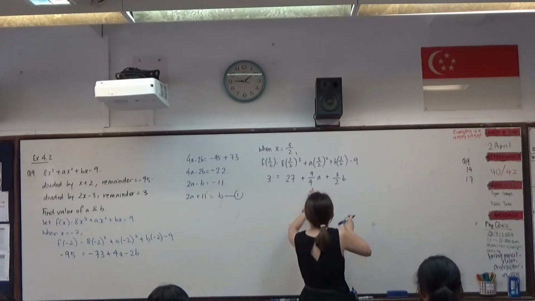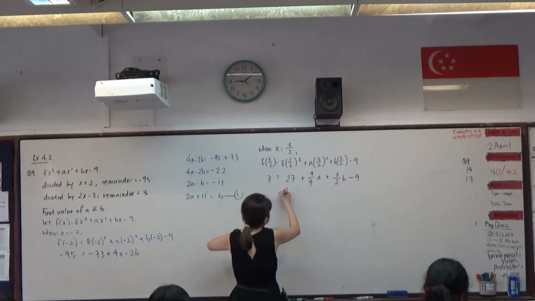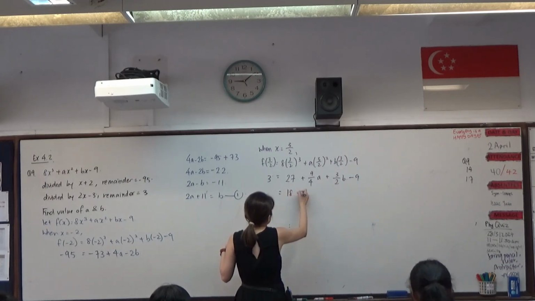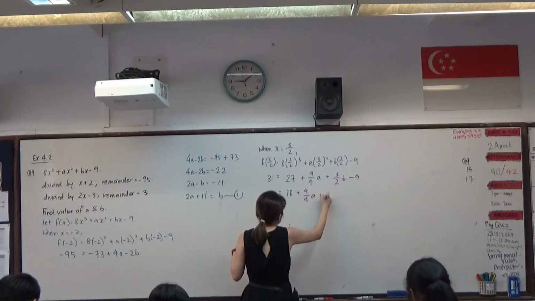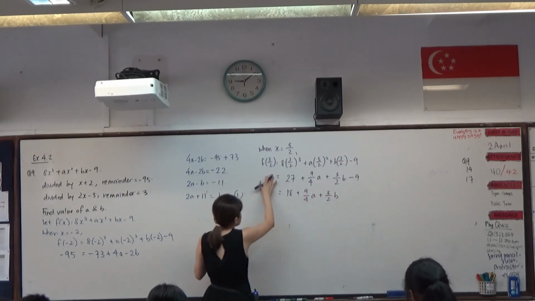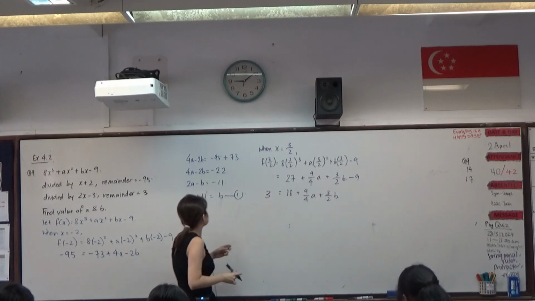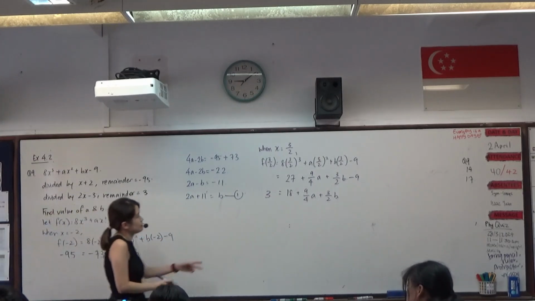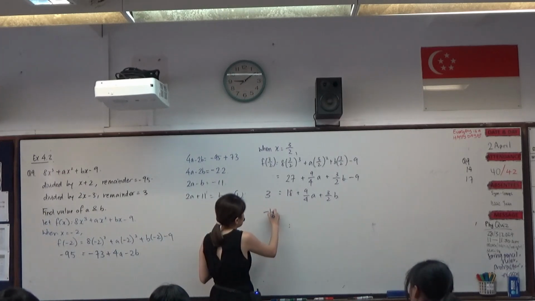Sorry? Oh, minus 9. Okay, I thought this one already. So 27 minus away 9, you will get 18. So this will be equals to 3 because the remainder is said to be 3. Okay, so we can simplify this. Maybe you want to bring 18 over first, so you get negative 15.